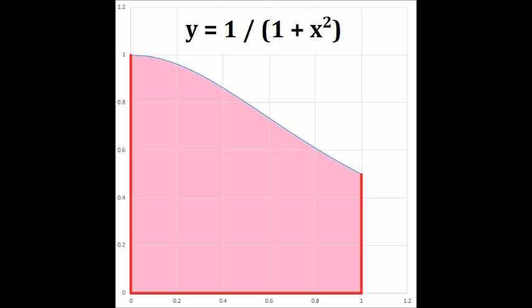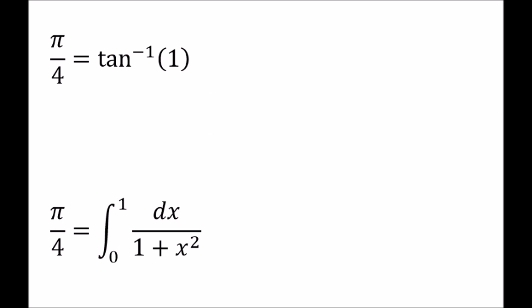We saw in a previous lesson that the area beneath this curve from 0 to 1 is equal to pi over 4. If you missed that and want more details, feel free to check it out. Very soon we will see why that is. So pi over 4 is equal to inverse tangent of 1. It is also equal to the integral at the bottom of the screen.